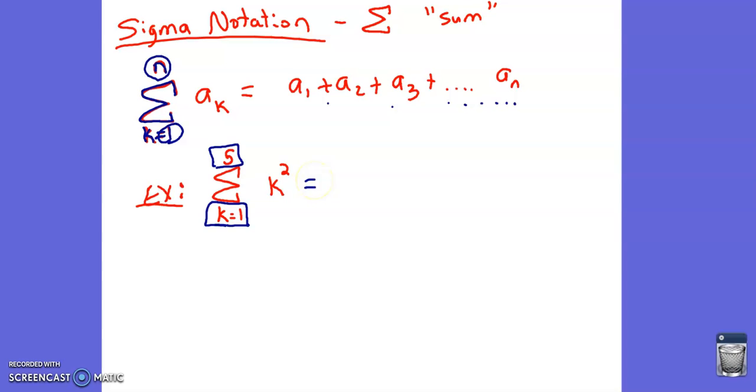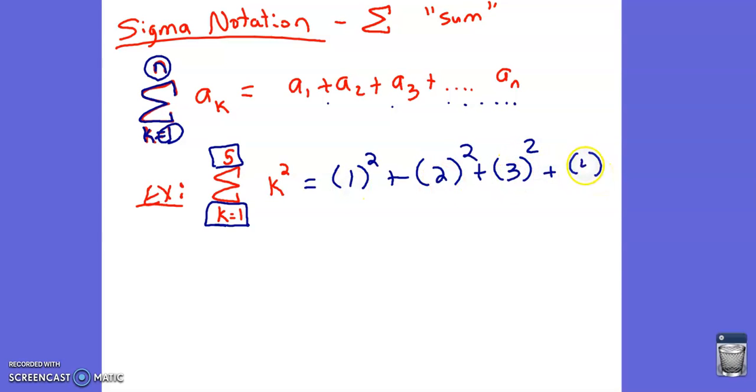And again, it's the summation of that. So you're literally going to start at 1, then 2, then 3, then 4, and then 5. And so that's going from 1 to 5, and then you're going to find the summation of that.